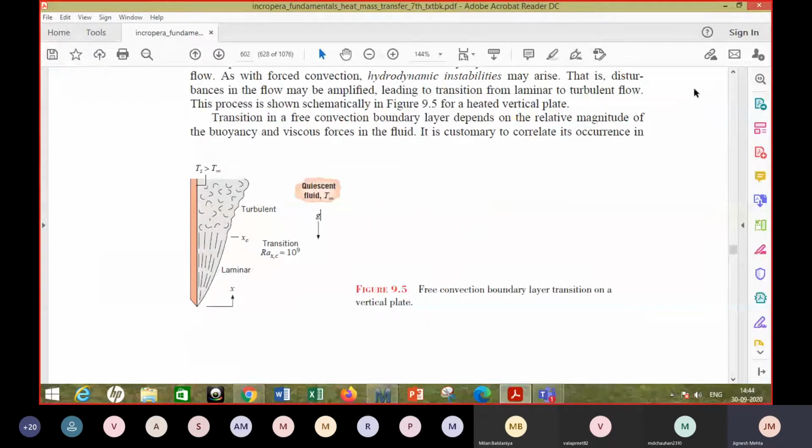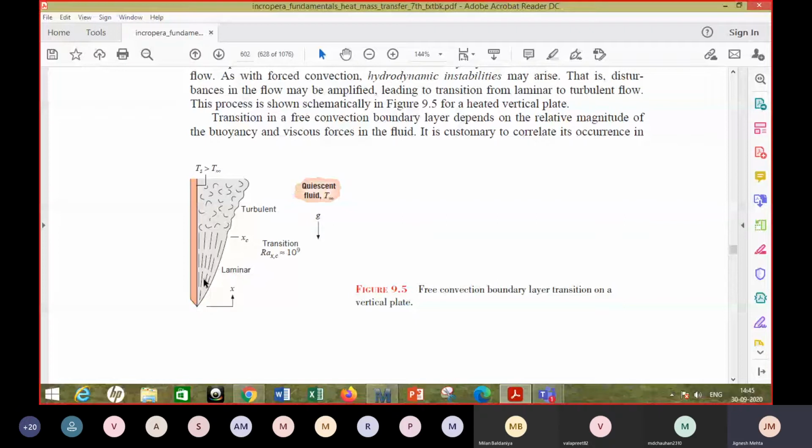Now we talked about the laminar flow, but again there could be transition as it is shown in the figure here. Initially the flow would be laminar, and then at some critical height xc, there will be transition from laminar to turbulent flow.